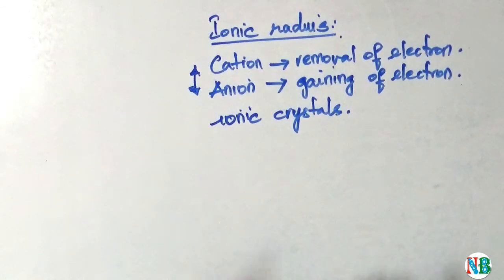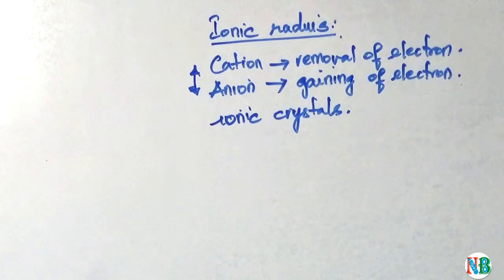A cation is smaller in size than the parent atom, because why? It's losing an electron, whereas an anion is bigger in size than its parent atom because it's gaining an electron.